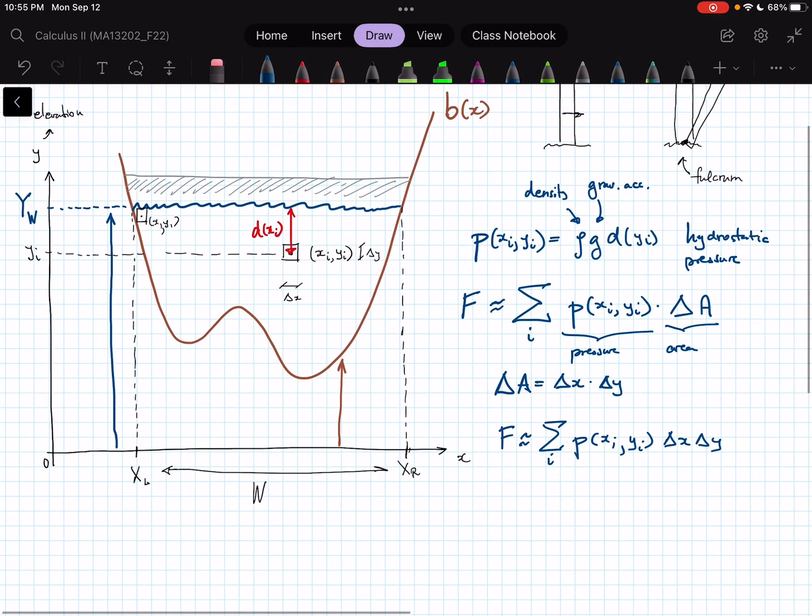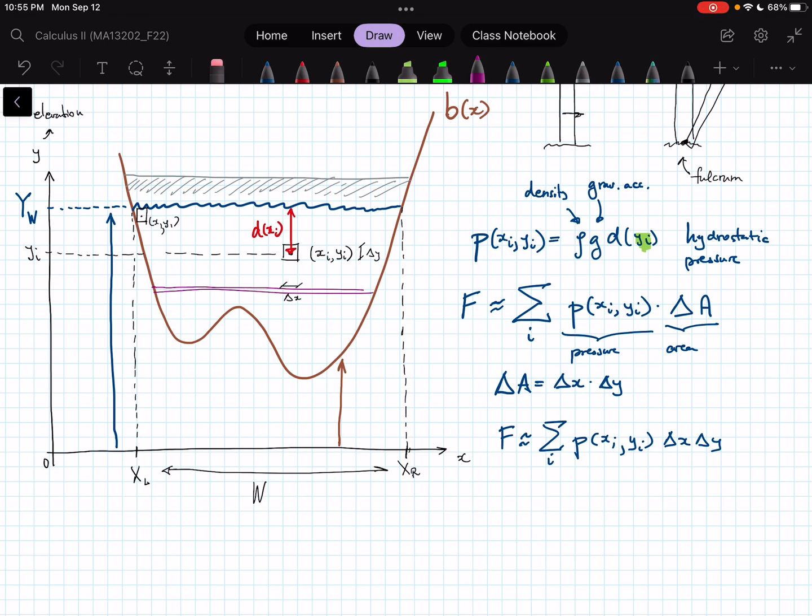Now here, notice I'm writing pressure as if it was a function of both position in the horizontal direction and the elevation, but notice that actually pressure depends only on the y-coordinate, meaning that the pressure on test volumes that are at the same depth is going to be the same.